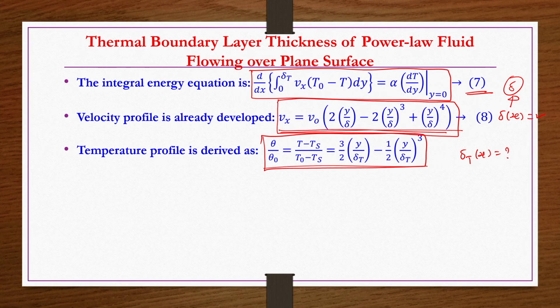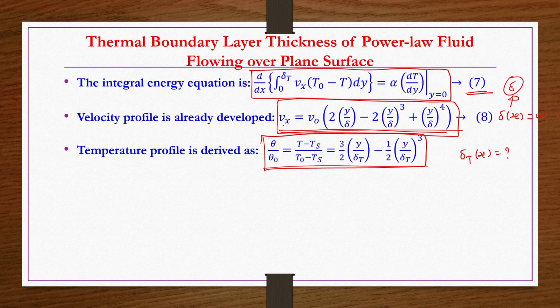Terms like Reynolds power 1/3 and Prandtl power 1/2 may remain as they are, they may not change. So, you have to be very careful which velocity profile you are using, because we are doing it for two different velocity profiles and two different temperature profiles. At the end of this class we are going to take a different velocity profile and see the final answers for delta T.